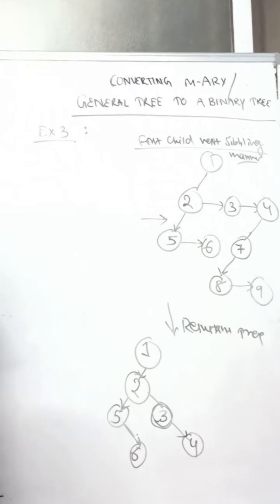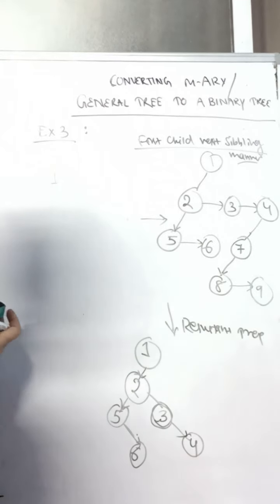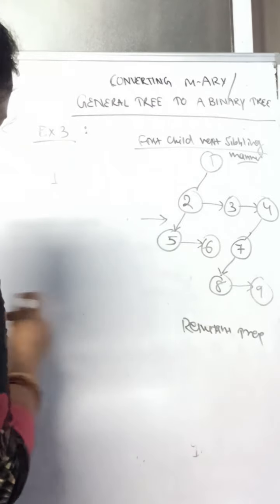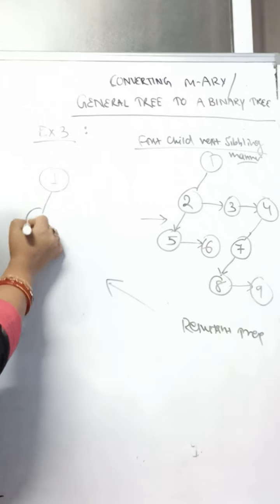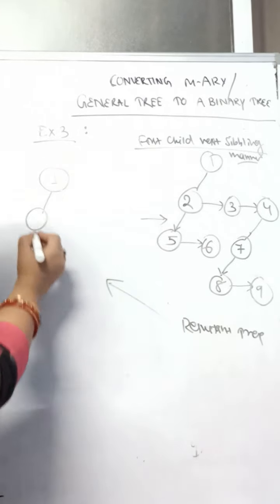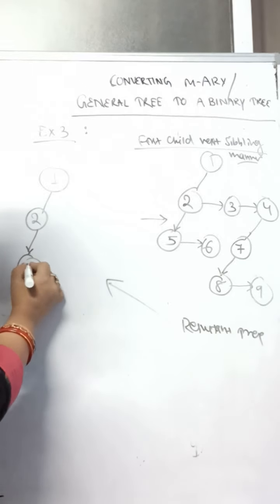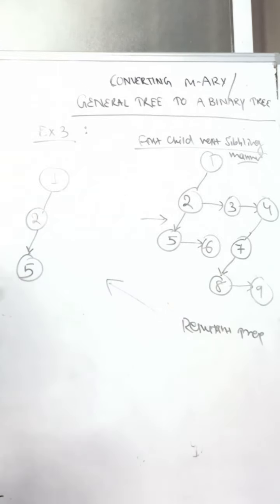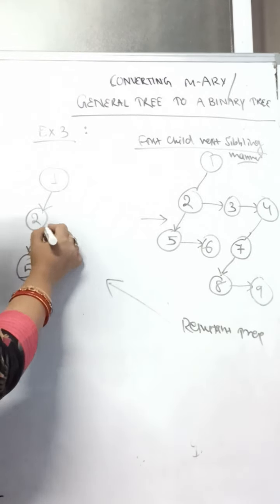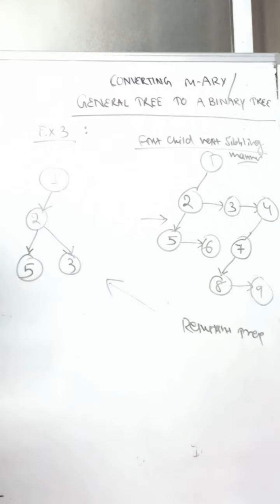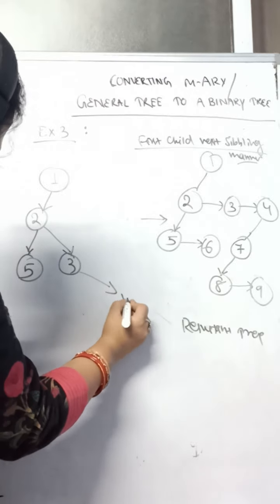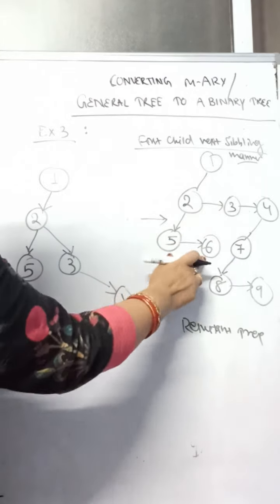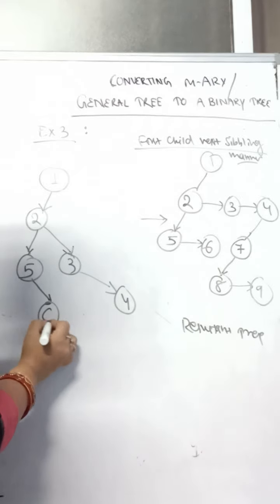So the resultant tree will be 1, then leftmost 2, then leftmost 5. Then 2's right child is 3. 3's right child is 4, 5's right child is 6.